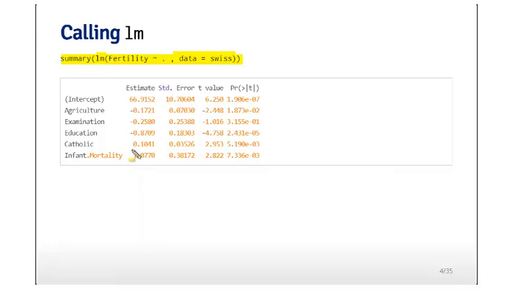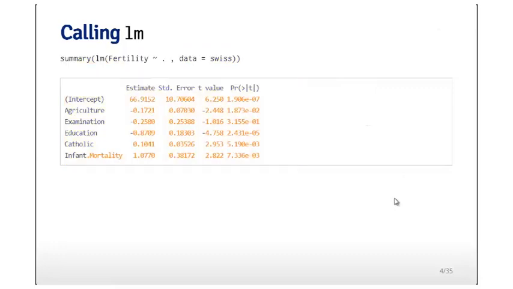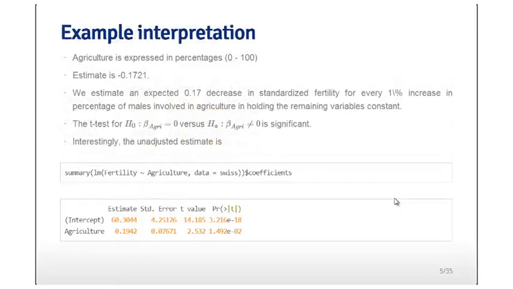And here's the table of coefficients, and I want to point you to this number, negative 0.1721, for agriculture. Agriculture, remember, is expressed as a percentage, and the estimate is negative 0.1721.